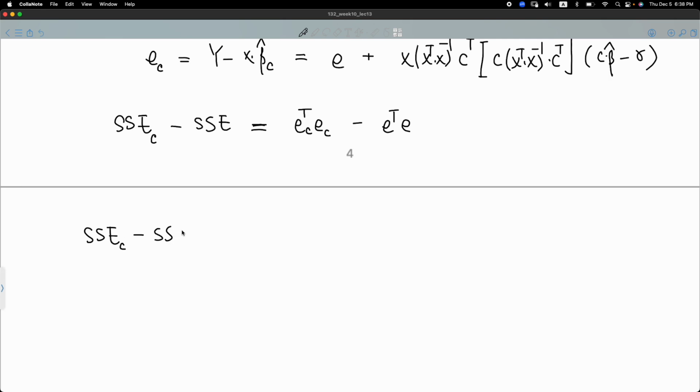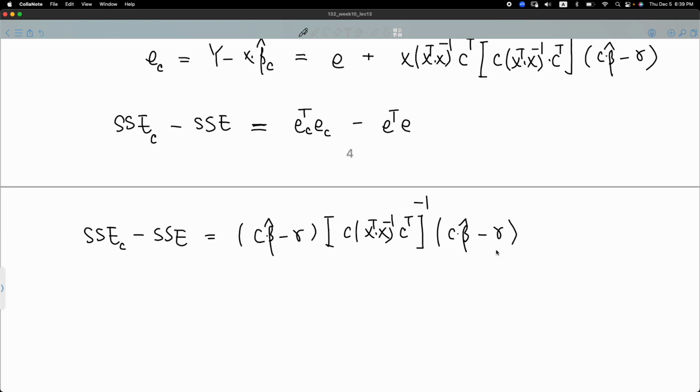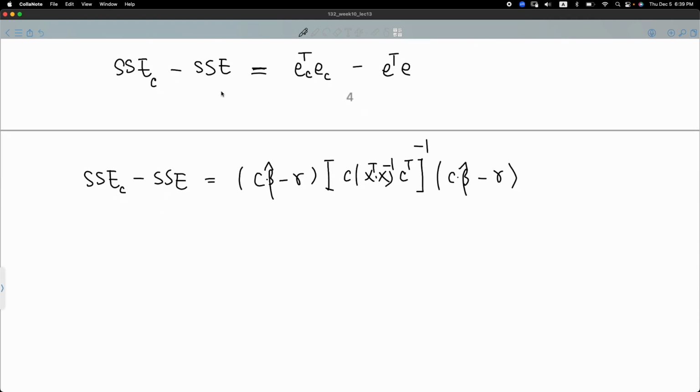SSE with C minus SSE without the C is equal to C beta hat minus gamma, as written here. So that is the final solution for that.